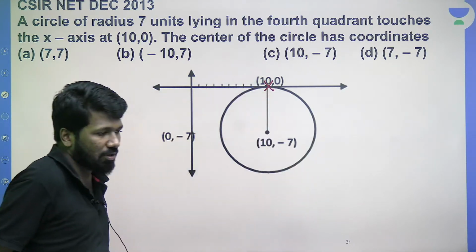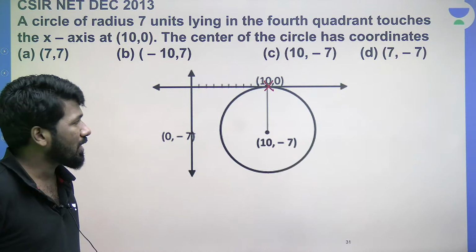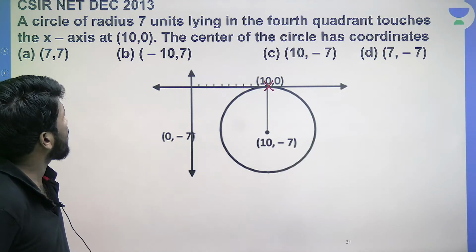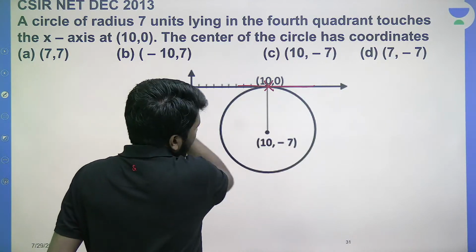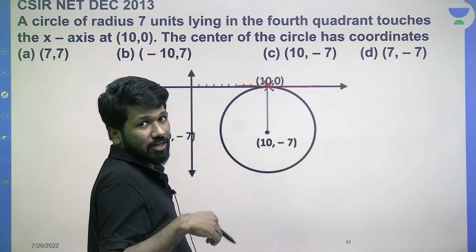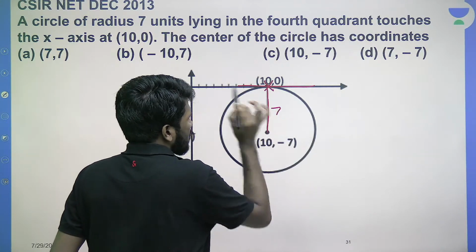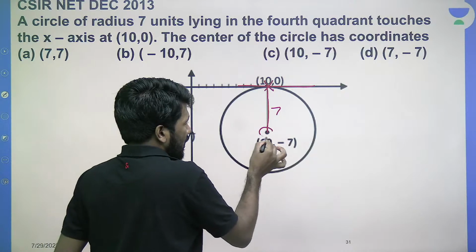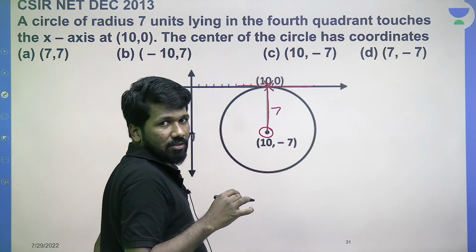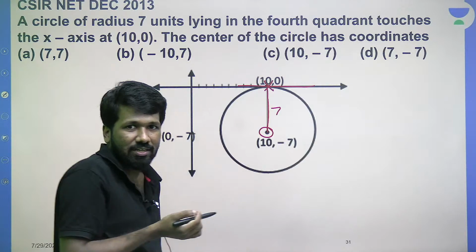Like we discussed in many previous questions today, that is 10, 0. उसका radius 7 units है, मतलब ये tangential है, the x-axis is tangential to the circle. So definitely this length will be 7 units. That length will be 7 units means the center will be here. Center is a radius distance away from the circumference, na?